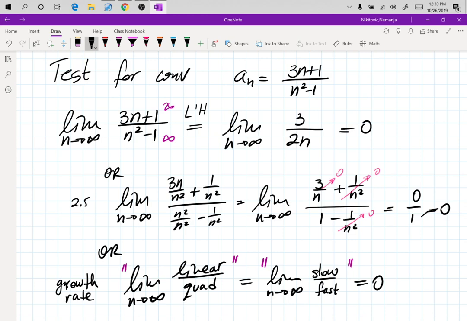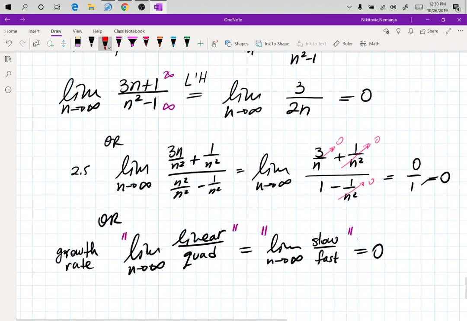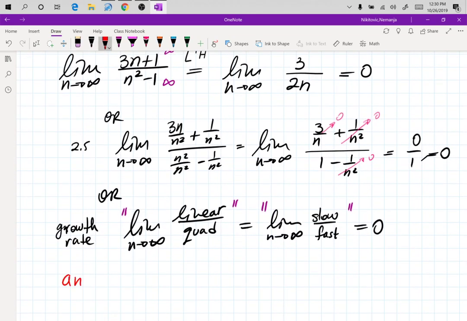Right? So these are your 3 ways to solve the same problem. All we are looking for is the answer, which says a_n equals (3n plus 1) over (n squared minus 1) converges to 0. That's the answer we are looking for.